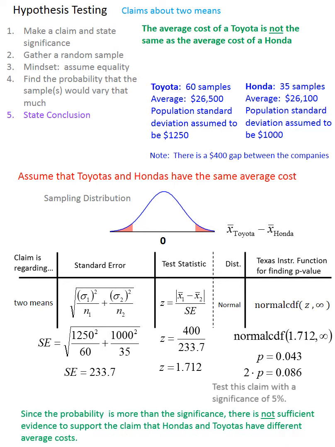And therefore, since 8.6 is higher than 5, we do not have sufficient evidence to support the claim that Hondas and Toyotas have different population average costs. By the way, it certainly is possible that they do have different population average costs. We just don't have the evidence in these particular samples to support that.